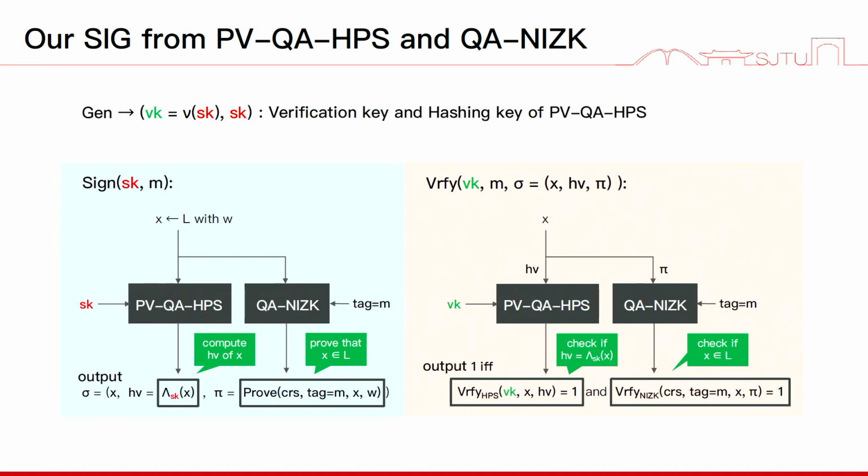Then it computes a hash value of x, and also generates a NIZK proof that x is chosen from the language L, where the tag is the message to be signed. And in the verification algorithm, we will check the correctness of the hash value publicly by invoking the public verification algorithm of the hash proof system, and we also check the validity of the NIZK proof pi.